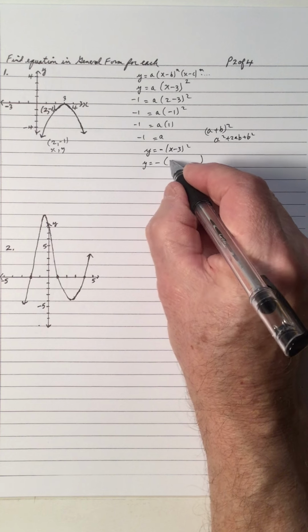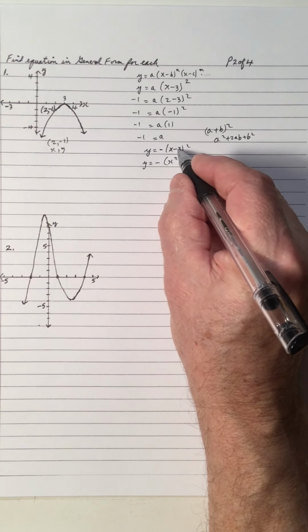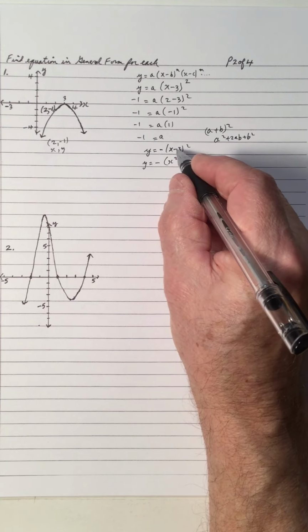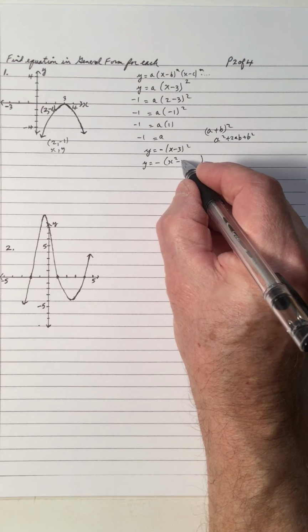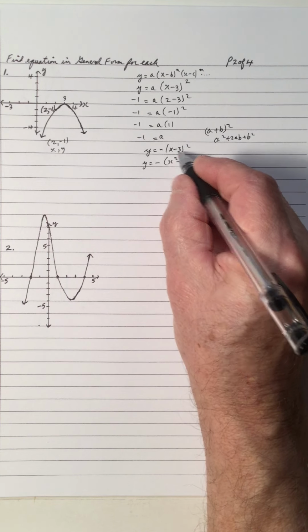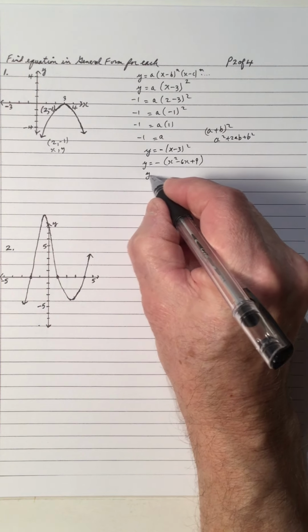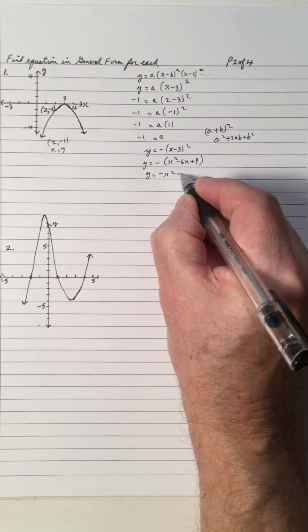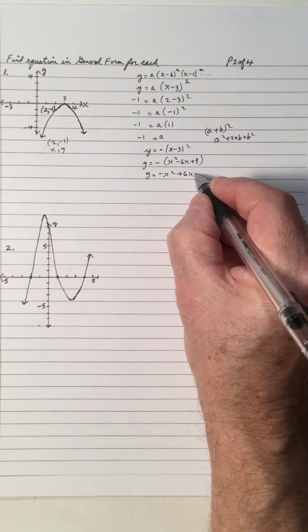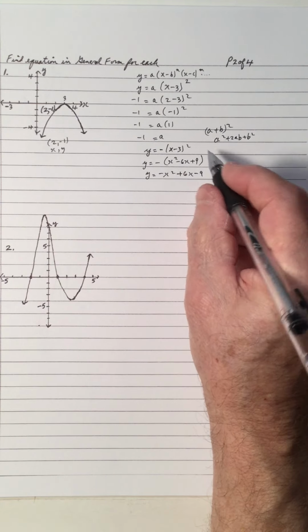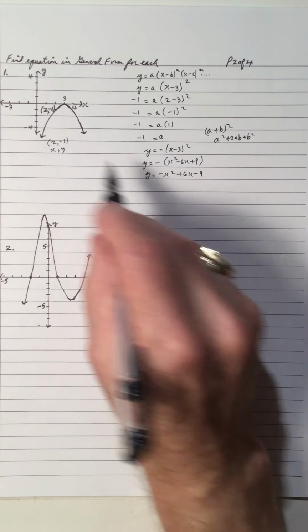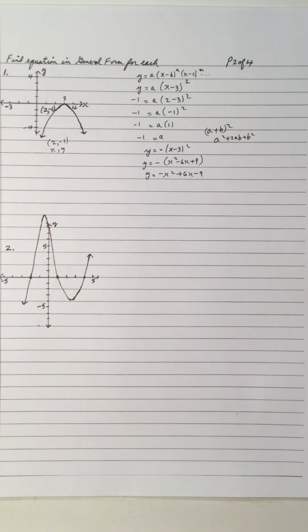So we take the first term squared, we multiply x times negative 3 and double it, so it's negative 6x, and we square the negative 3 to get 9. Then we do the negative of that, and we get negative x squared plus 6x minus 9. That's the general form that represents this equation.